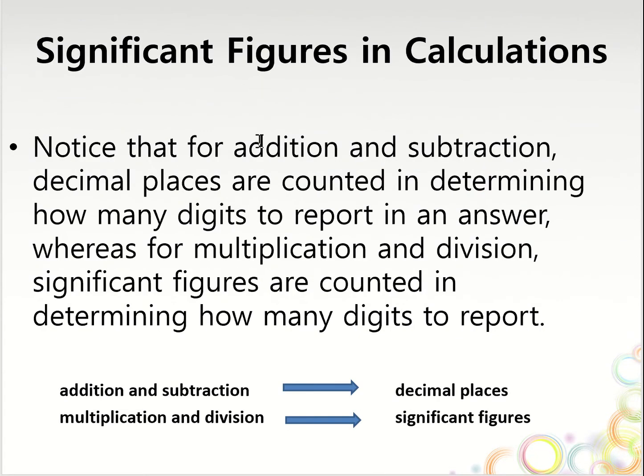So notice that for addition and subtraction, decimal places are counted in determining how many digits are reported in the final answer, as opposed to multiplication and division, where significant figures are counted in determining how many digits to report, right? And so for addition and subtraction, we count decimal places, while for multiplication and division, we count significant figures.